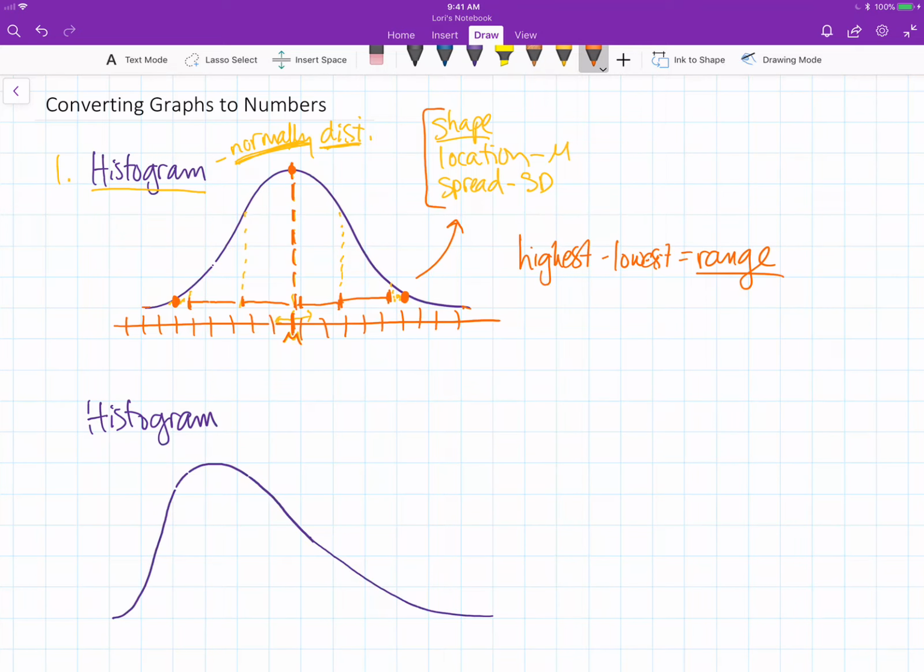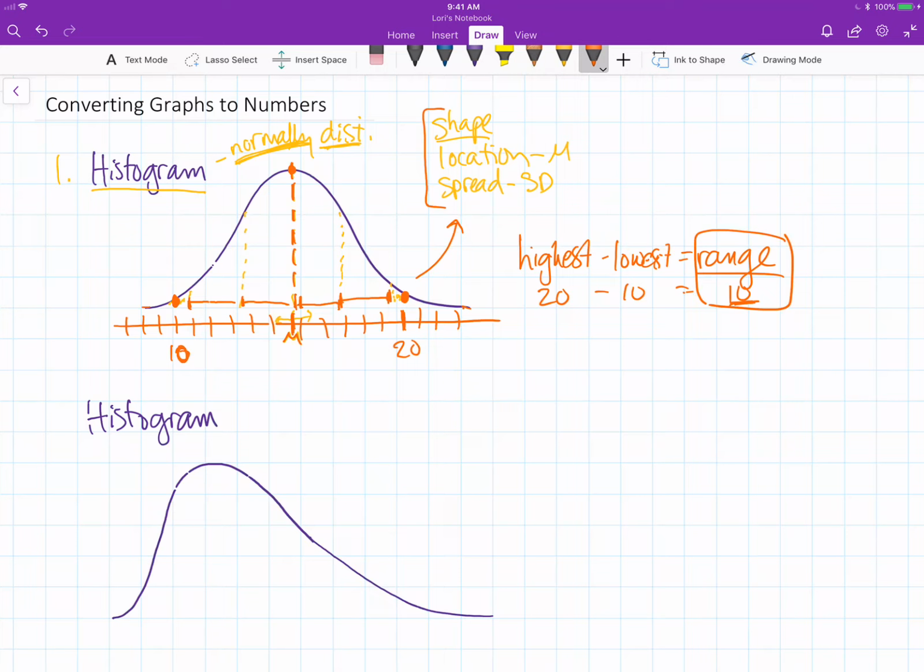It's not a bracket that has the lowest and highest numbers listed in it. If our highest number here was, say, 20, and our lowest number here was, say, 10, then the range would be equal to 20 minus 10 equals 10. So the range is equal to the difference between the two.